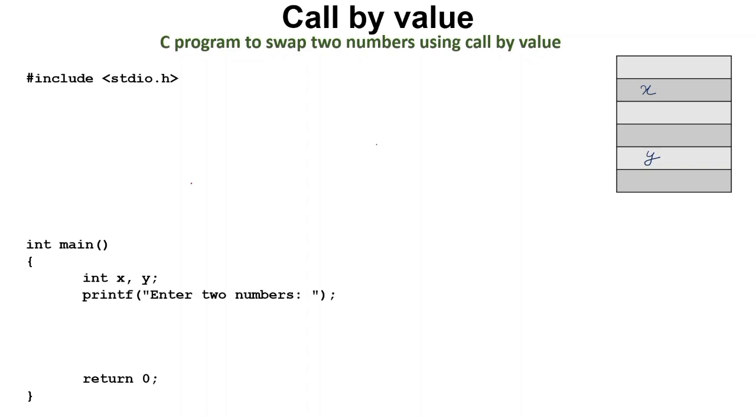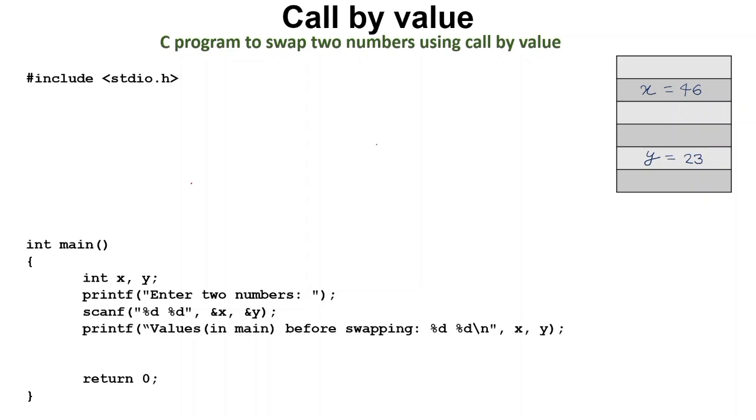So next is your printf, enter two numbers. Alright. Now scanf, you are taking input from the user, x and y. Suppose the user enters x is equal to 46 and y is equal to 23. So these are the values entered by the user.